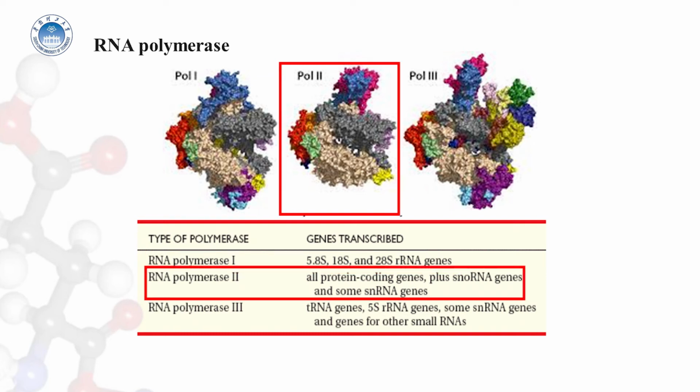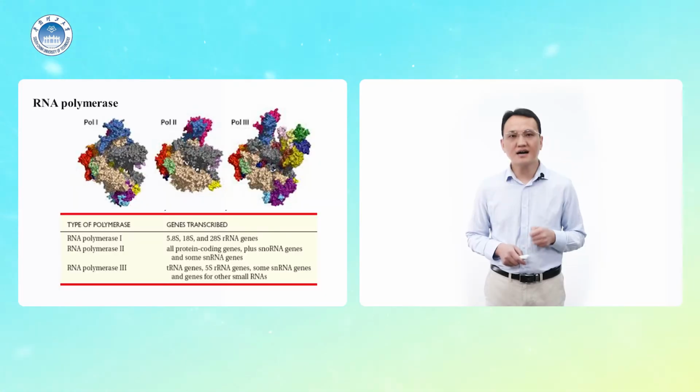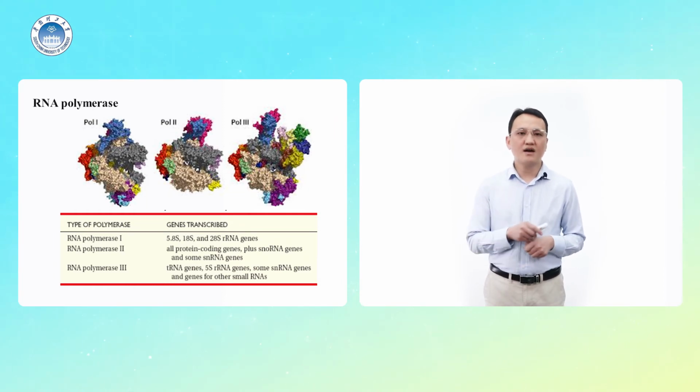RNA polymerase 2 is a multiprotein complex. It is one of three RNA polymerase enzymes found in the nucleus of eukaryotic cells. It catalyzes the transcription of DNA to synthesize precursors of mRNA and most snRNA and microRNAs.